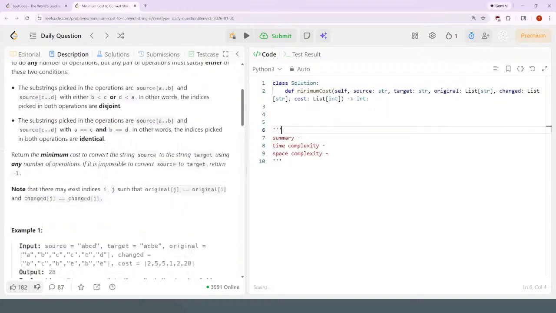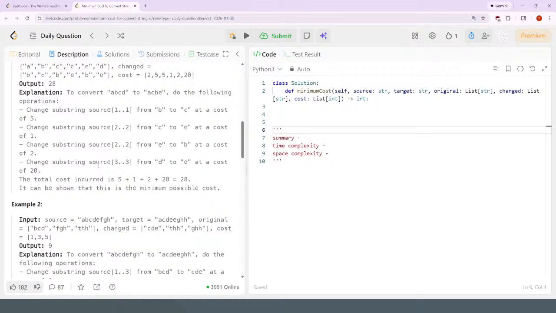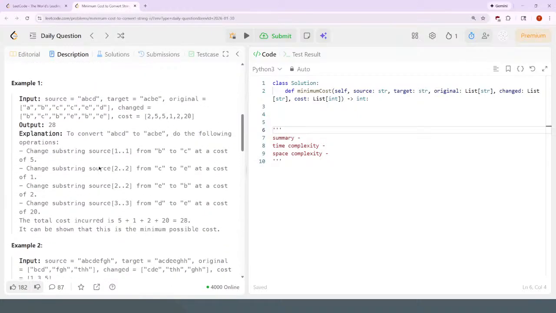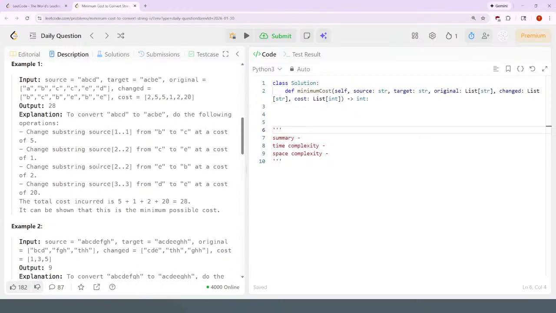Okay, I think maybe looking at example 2, kind of. So that's the source.